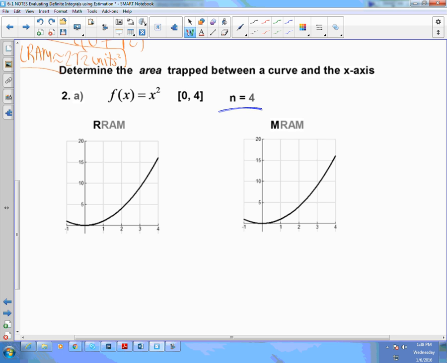Also do that, not just drawing it, but actually go calculate the area.